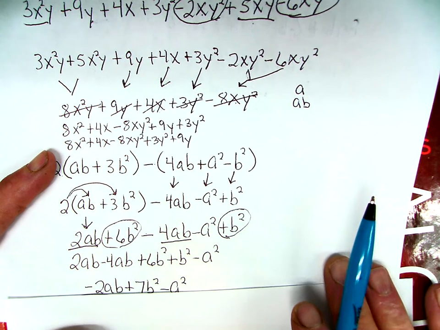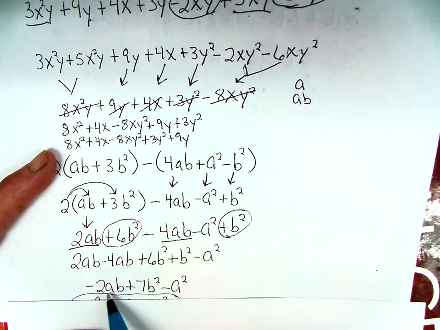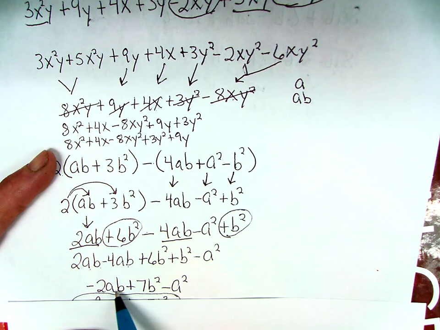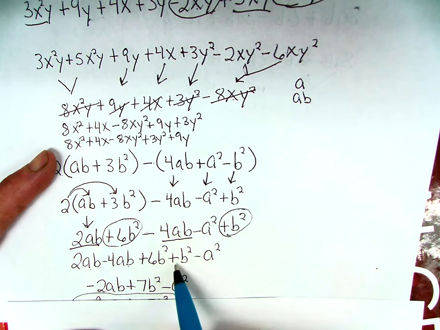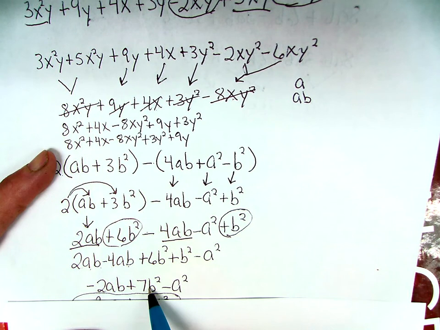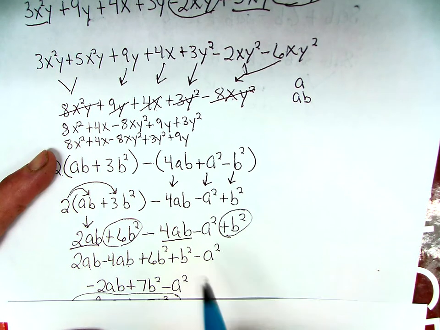When we combine those, 2ab minus 4ab is negative 2ab. 6b squared plus b squared, 7b squared. And then this lonely minus a squared here at the end.